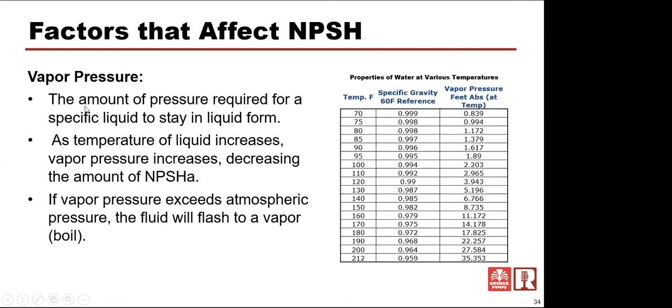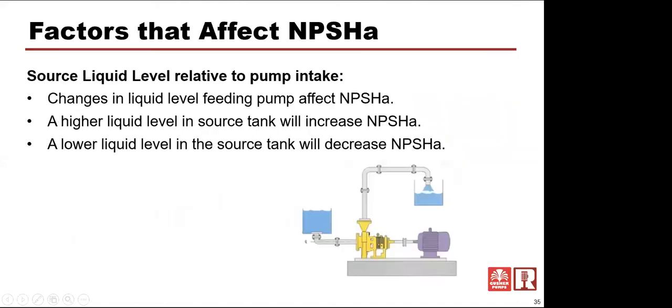So after this part of the calculation, you know you've got about 25 feet of NPSH available, which is the 33.9 minus that 6.76 at 140 degree water. Then what other things do you need to take into effect? If the water is above the pump, you can add the distance from this liquid level to the center line of the pump onto that number.